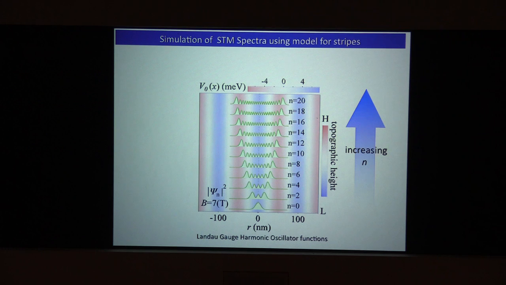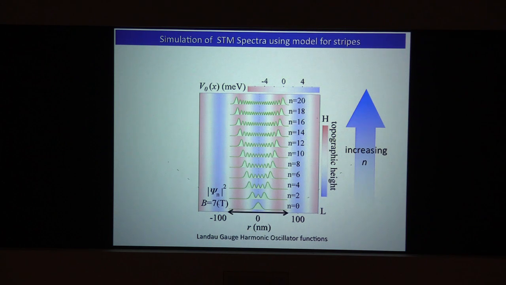So what this means is that when you're at the lower Landau levels, the measurement that you make is quite local. But the moment you go to the higher Landau levels, the Landau level wave function is averaging over the entire stripe, so it actually doesn't see the effect of the stripe. So this is a real thing.